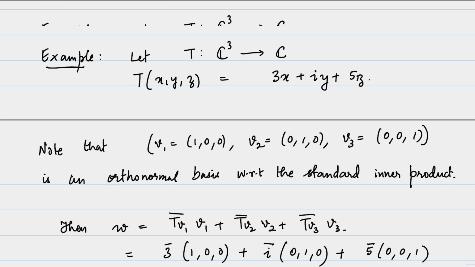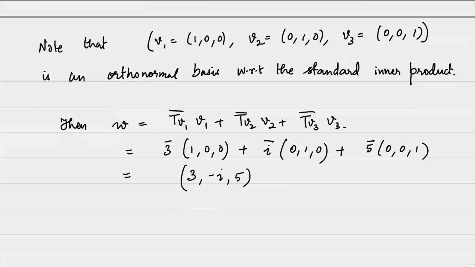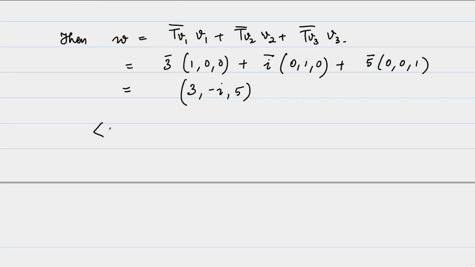And that's precisely what we were expecting, right? Why? Because if you look at the inner product of (x, y, z) with (3, minus i, 5), remember that for the second vector, the conjugate is what will be contributed.